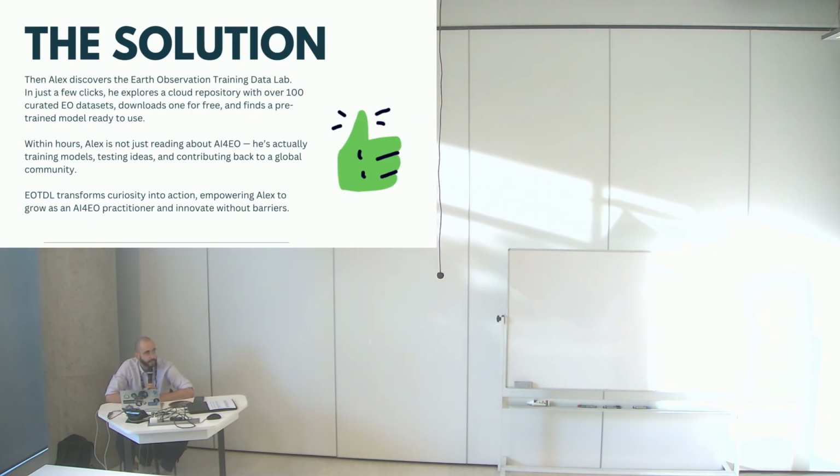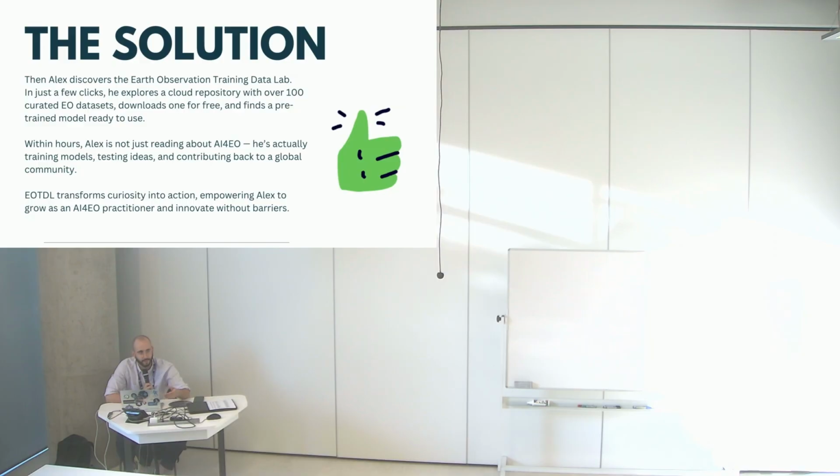But luckily there is a solution, which is the EOTDL, the Earth Observation Training Data Lab. So in a few clicks, Alex discovers a cloud repository with over 100 curated Earth observation datasets, ready-to-use models, pipelines, a cloud-based workspace.